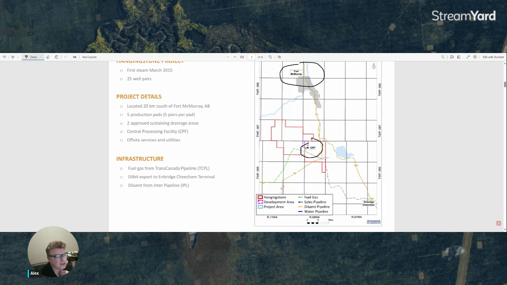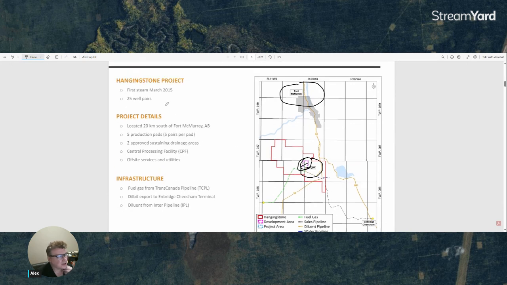Here we can see the Hangingstone area in red, the development area in this little circle. You can see some water pipelines, diluent pipelines, sales pipelines, fuel gas, and the project area, which overlaps where the development area is. The project's first steam was in March 2015.